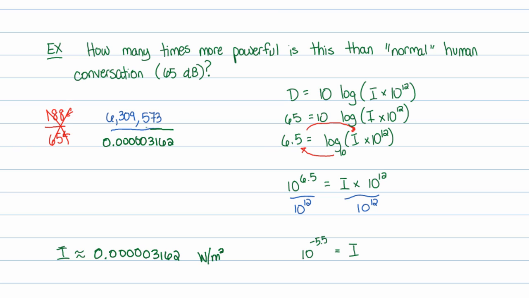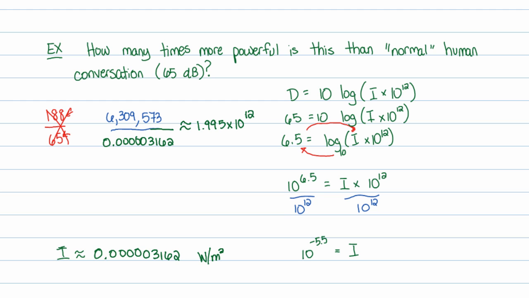I have 6309573 divided by 0.123453162. Wow. Okay, so this is roughly equal to 1.995 times 10 to the 12th.